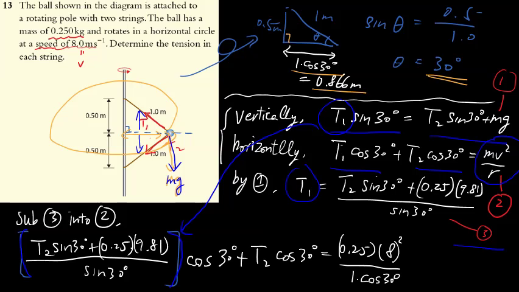Then you find the other things from the question, and also r, which we said is 1 times cosine 30. After the tedious algebra, I can't show it because there's no space, and I don't think it's meaningful to go through it step by step with you. You'll find the answer t2 as 8.2 newtons, and using this answer you can substitute back into any equation at the top. You'll find t1 as well.